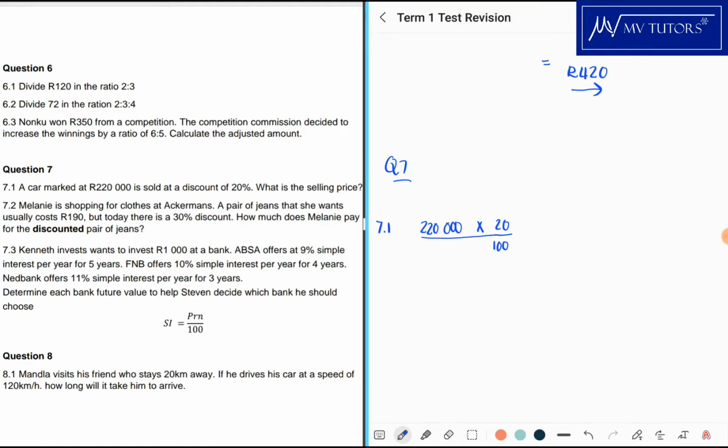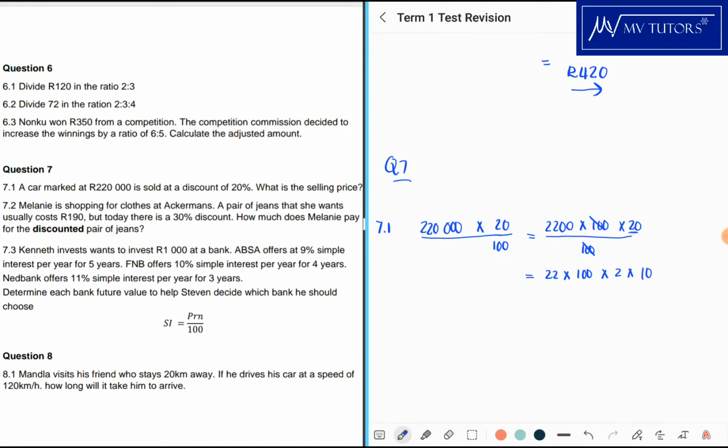All right. So basically, I can rewrite this as 220,000, or rather 2,200 multiplied by 100 multiplied by 20 all over 100, because I want the hundreds to cancel out. All right, so the hundreds will cancel out. So I have 2,200, which is the same as 22 multiplied by 100 multiplied by 2 multiplied by 10.